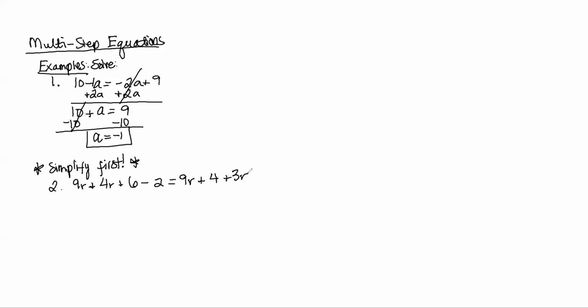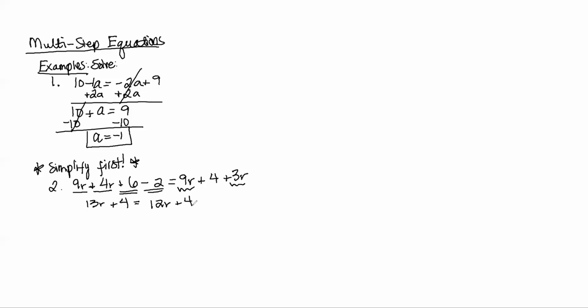We can go ahead and simplify first by thinking of each side of the equation as its own expression. So I'm going to combine like terms on the left side. I can combine my r's, and the 6 and the negative 2. So we get 13r, and 6 minus 2 is positive 4. And then on the right side, we can only combine 9r and 3r to give us 12r, but we still have a plus 4.